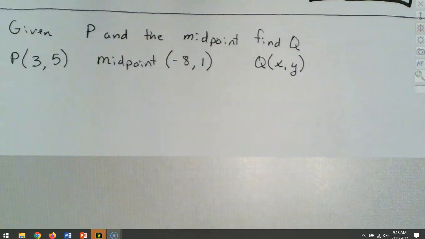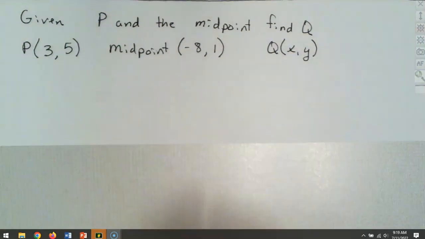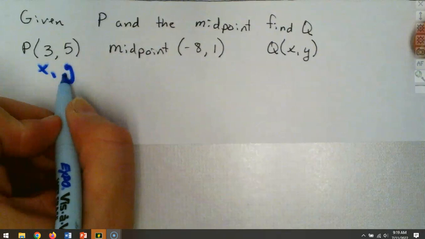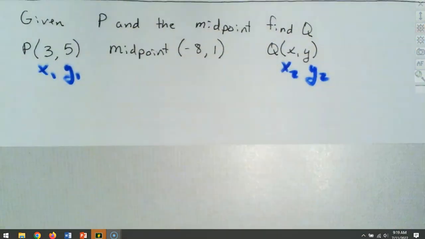Okay, so we're going to go ahead and find this. And I didn't even give you a homework question over this one, but you've seen it before in intermediate, and so I think we should at least look at one of these. Now, how does it work? Okay, well, we've got to plug things in. So P is going to be x1, y1. Q is x2, y2.